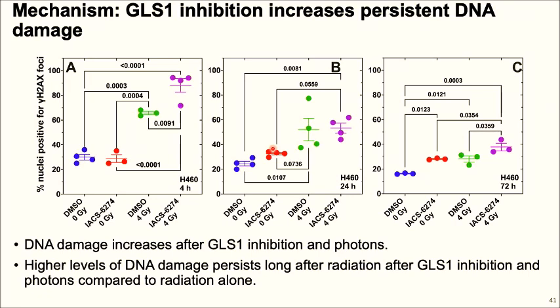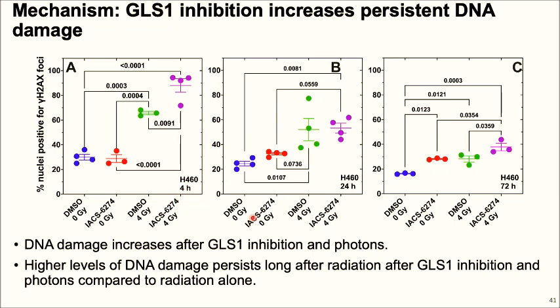Then we also measured DNA damage, or double-strand break damage, by using gamma-H2AX. And here, again, are different treatments and different time points after radiation: 4 hours, 24 hours, and 72 hours.